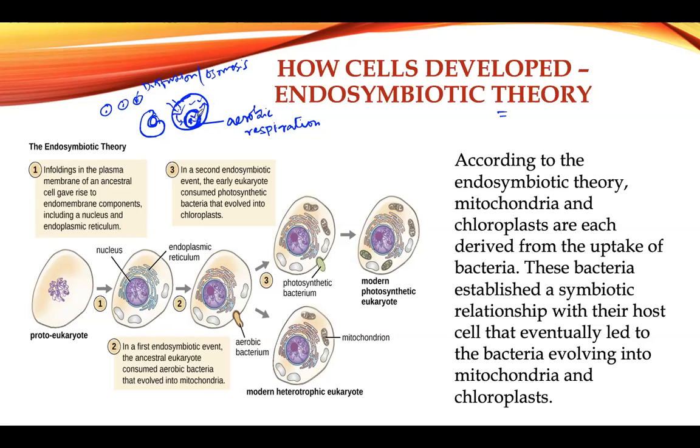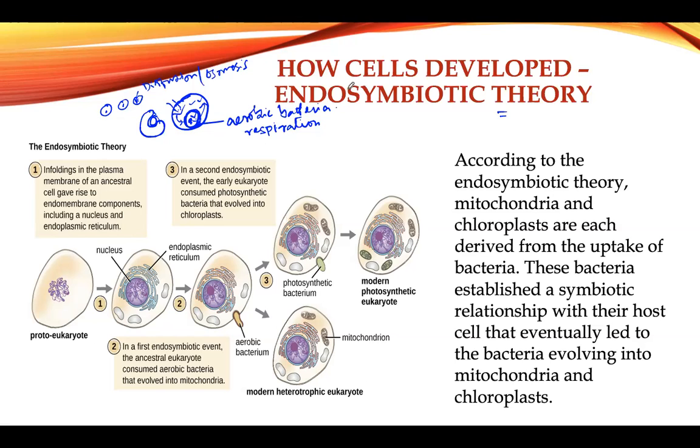So basically these mitochondria are nothing but prehistoric aerobic bacteria. They accidentally entered inside a large non-aerobic bacteria, ultimately started a symbiotic relationship, slowly got modified, and ultimately this aerobic bacteria converted into a mitochondria. And that is the endosymbiotic theory.